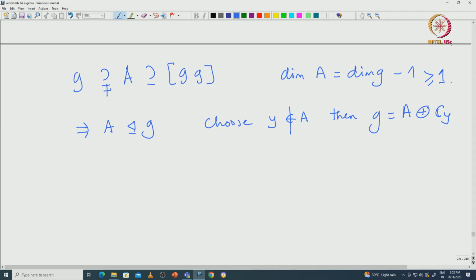So, now using the induction, we can see that there exists a non-zero weight for this capital A such that the corresponding weight space is non-zero.